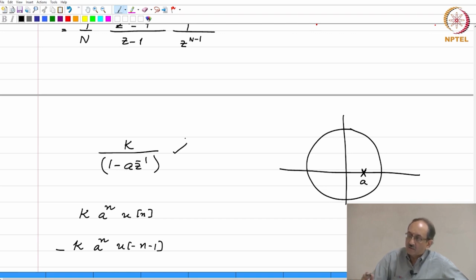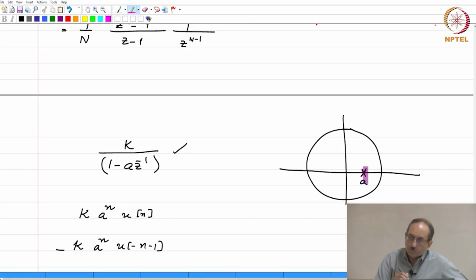So, given this factor, depending upon the region of convergence, the corresponding time domain will either be this or this, and these are infinite duration sequences. This is right sided infinite duration, this is left sided infinite duration.